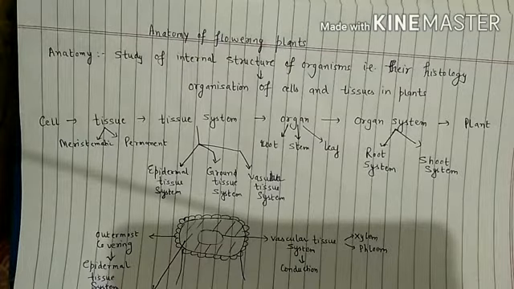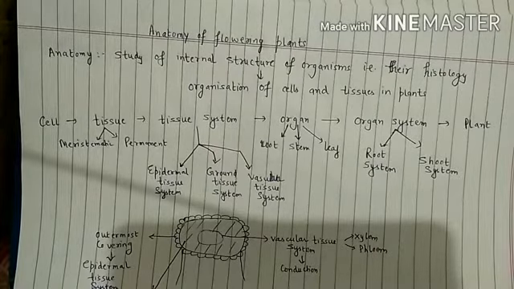Then secondary growth in dicot stem you need to do. So these are the topics which are included in the chapter, that is anatomy of flowering plant, according to the reduced ISC syllabus. So now let us start with the chapter.